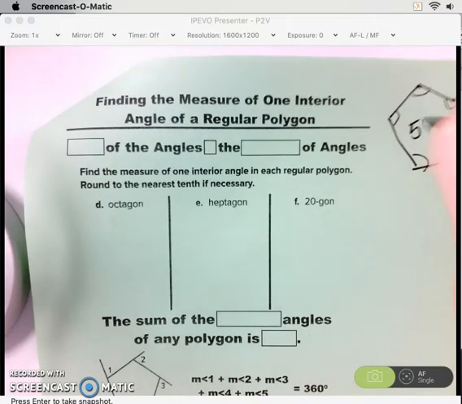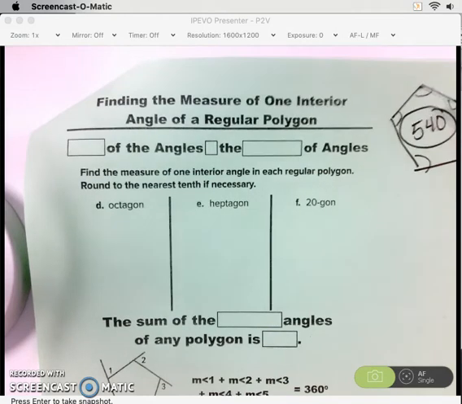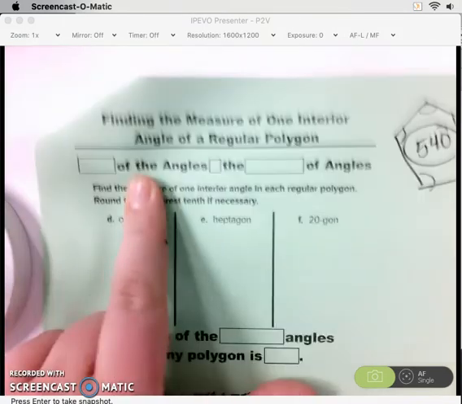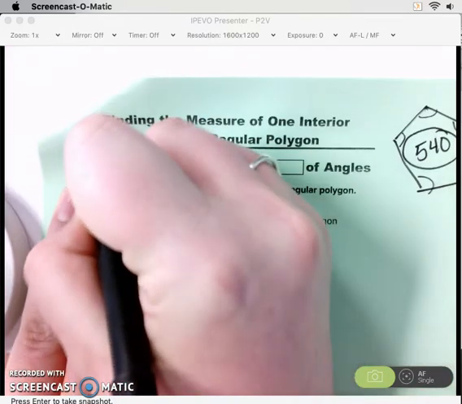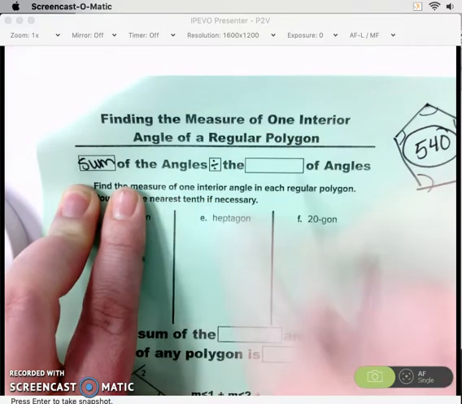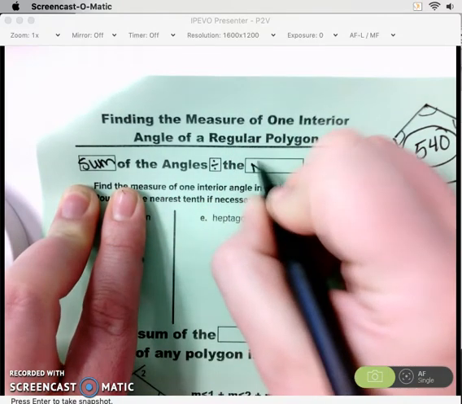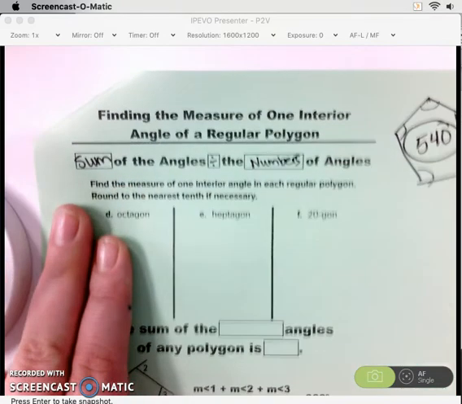Remember, it's 540. So I'm going to take this number and divide it by the number of sides. So the sum of the angles divided by the number of angles, and the number of angles is going to be the same as the number of sides.